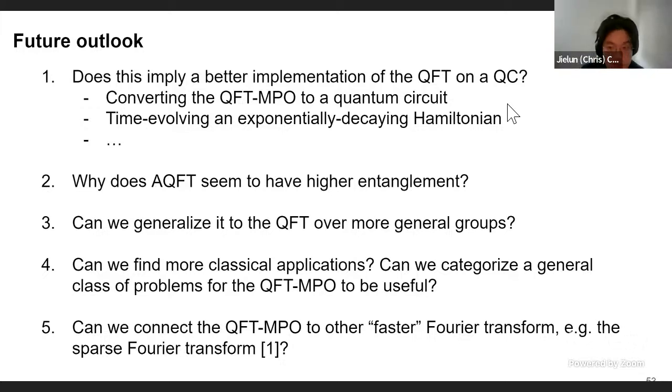Frank, you can just speak up, and you can also speak on the panel. But actually, I have a question about the talk. Two questions actually. First, about the approximate quantum Fourier transform.